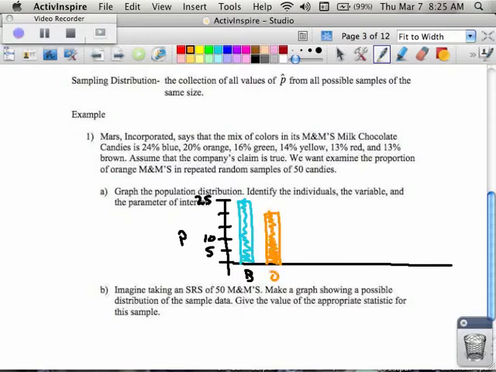These are the orange. 16% were green. 14% were yellow. 13% were red. Wish I had more room here to show the differences better, but oh well. And 13% were brown.